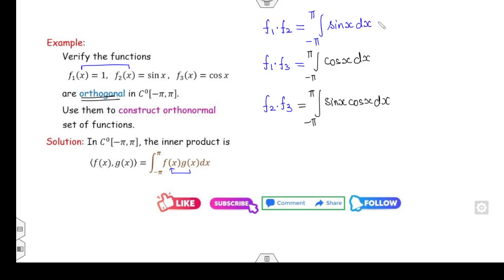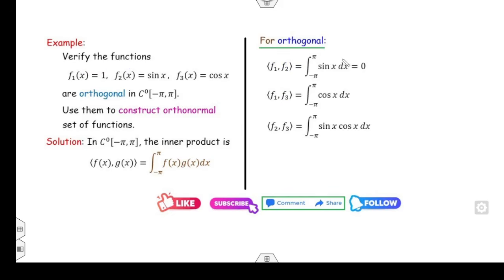Fine. Now, can you find the integration of sin x? The integral of sin x will be minus cos x from minus pi to pi. It comes to be 0. Why? Because cos pi minus cos of minus pi is cos pi minus cos pi, which is 0. Therefore, f1 dot f2 is 0.